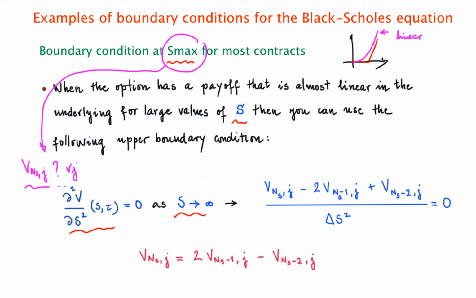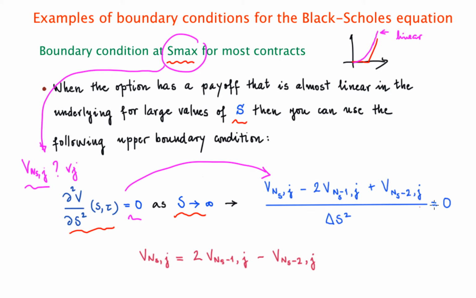Then we have to find the finite difference representation for the second order derivative of the value of the option with respect to S. And this is what we have here. This is the finite difference representation for the second order derivative of the value of the option with respect to the asset. This is one, and this has to be 0. This is the boundary condition we have just mentioned.